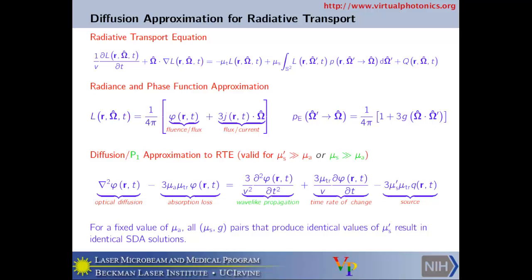So what that means is that for any fixed value of mu A, all pairs of mu sub S and G, which is the first moment of the phase function, that produce identical values of mu sub S prime result in identical solutions, identical predictions. So you've lost detailed directional information about the light field.